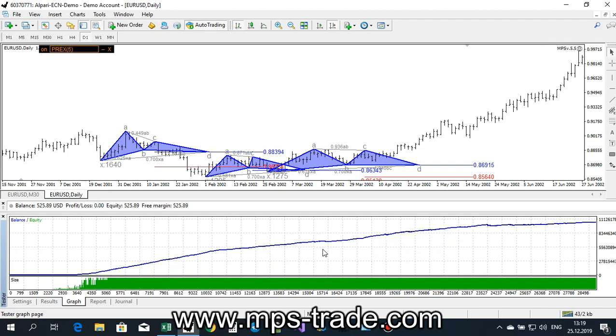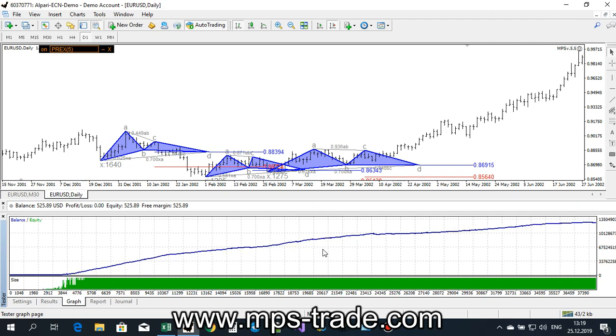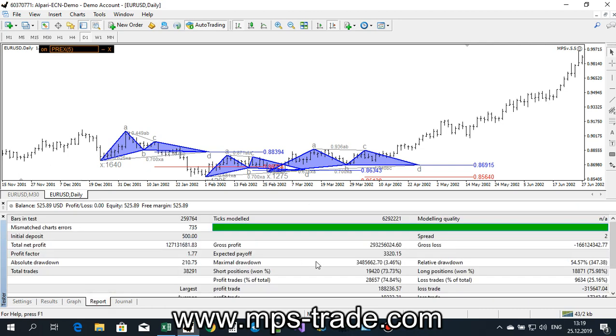Maybe some statistical error, plus minus 0.5%. This makes it more reliable than when it works on one pair and doesn't work on other pairs. So almost 75%, and maximal drawdown is 3%, 3.5. And again, 127 million generated.